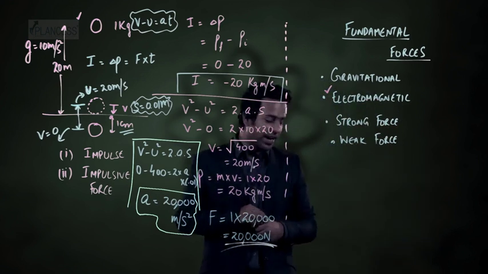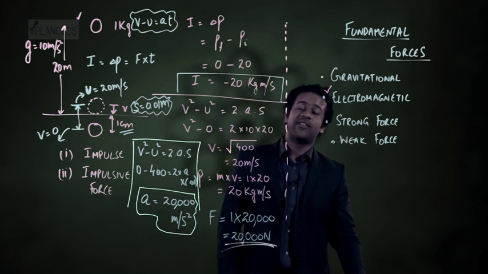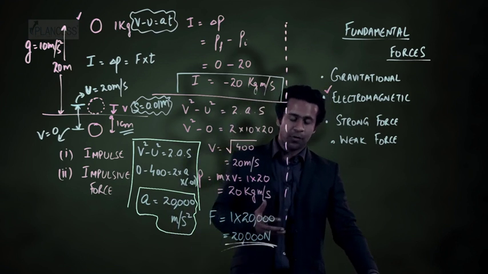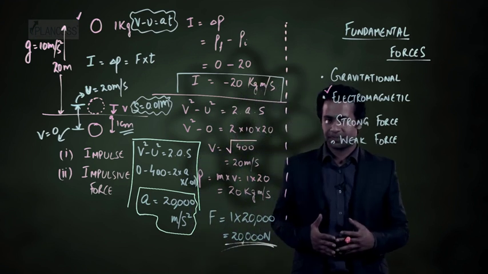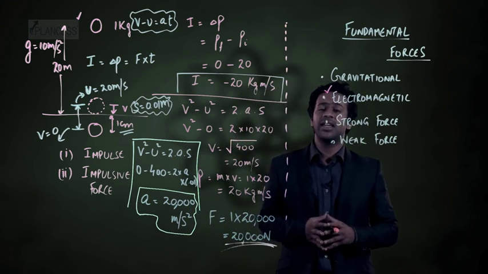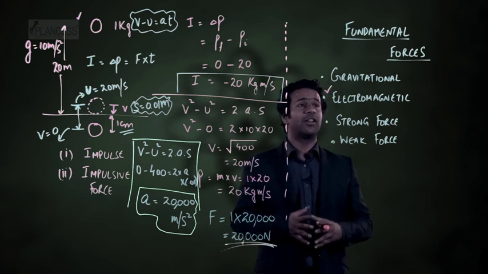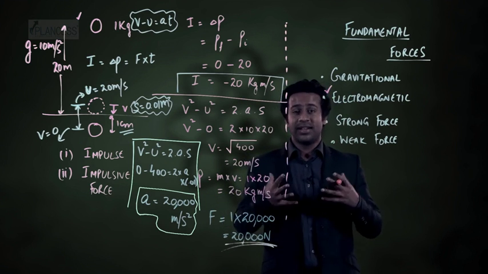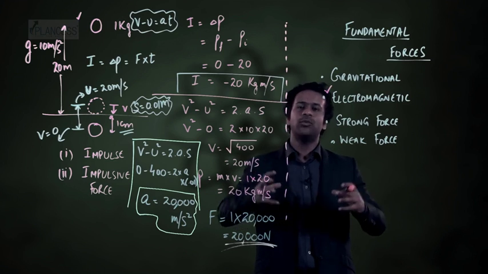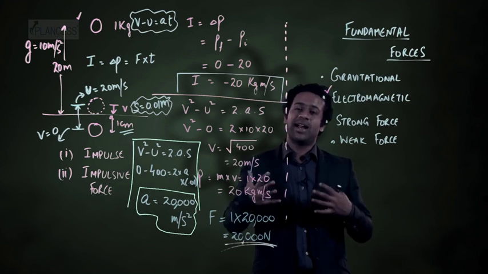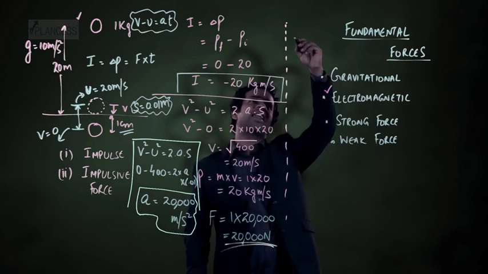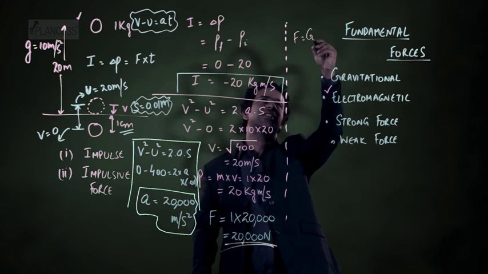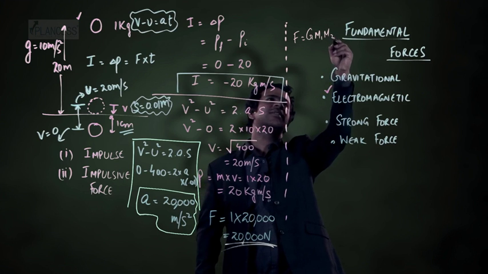Let's start with gravitational force. Gravitational force is a force that every mass exerts on any other mass. We will later study that Newton gave the laws for gravitation, and they tell us that any two bodies which have mass will attract each other with a force given by the expression, and I'll just mention the expression without giving you the details.